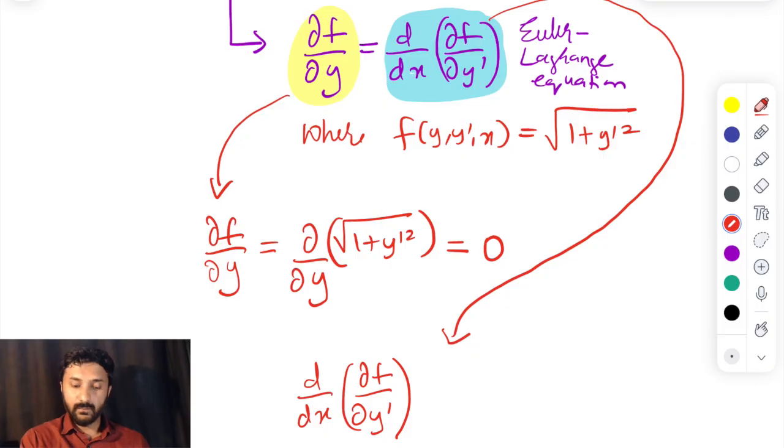Now there are two derivatives here, right? The first thing we need to observe is, first we are differentiating with respect to y dash, the inner part. We're differentiating the function f with respect to y dash, and the result of that we are going to differentiate with respect to x. And observe that that is not a partial differentiation, that is a proper derivative, right?